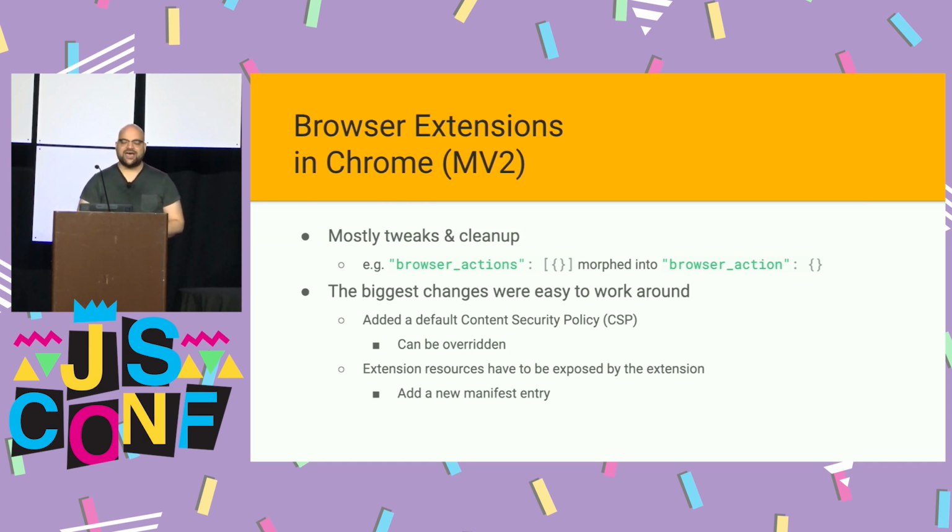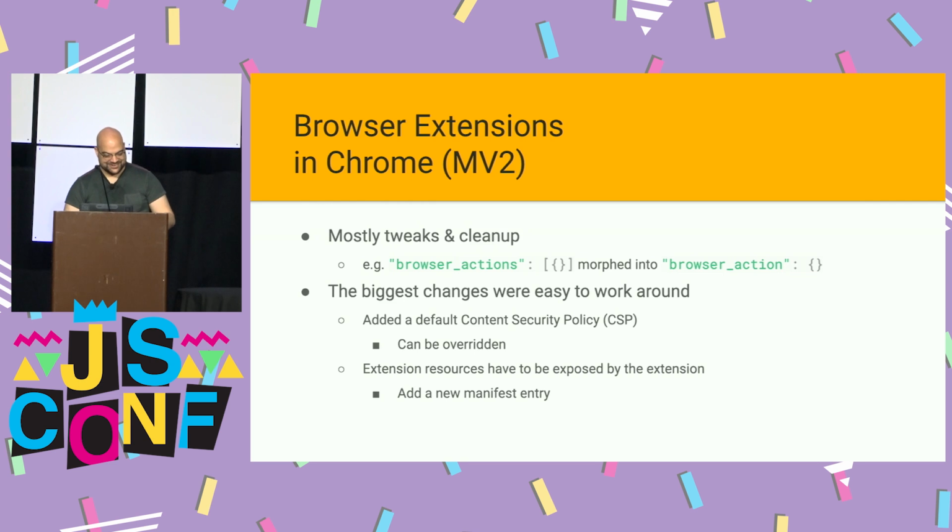They would have accidental vulnerabilities. So in order to address some of those, we introduced some stuff like a web accessible resources field in your manifest JSON.